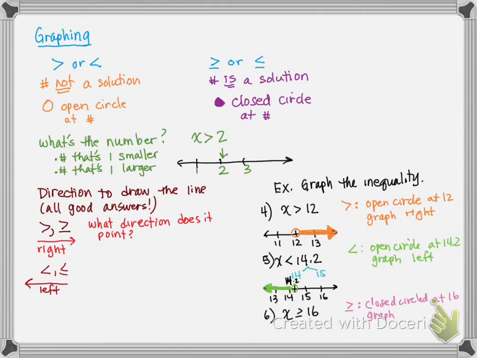It's pointing the direction to color because you've got more. Okay, so let's do our number line. It's pretty easy with this stuff. It's not a lot of work. 16, 15 comes in front, 17 comes after it. So we're going to go to 16 and put a closed circle. Make sure it's closed. And color to the right and that arrow cap in.